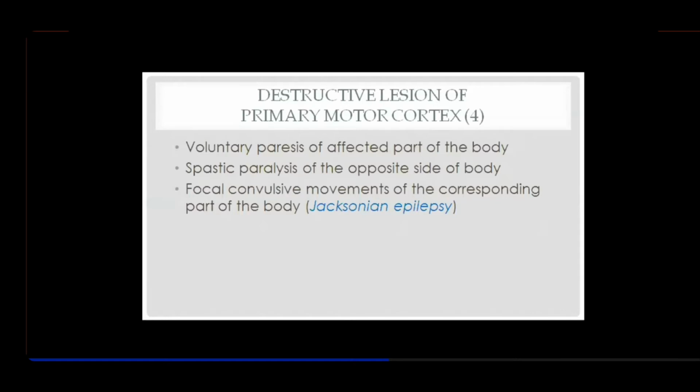Why jerky? Because it's all upper motor neurons. So a focal lesion will involve convulsive movements. Convulsive movements are actually called epilepsy, and this happens to a small group of muscles, a part of the body of the opposite half. And that's called Jacksonian epilepsy.